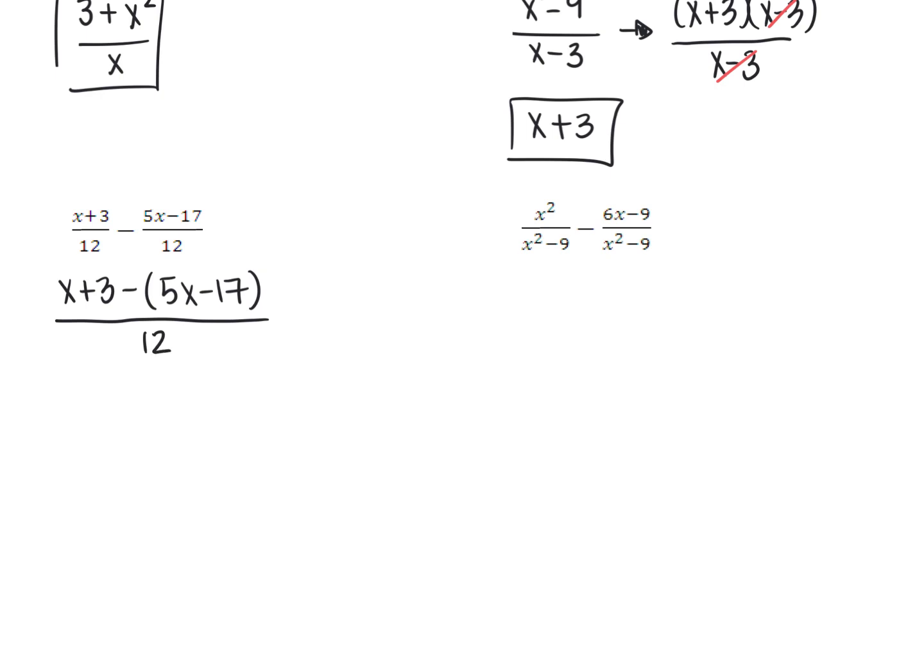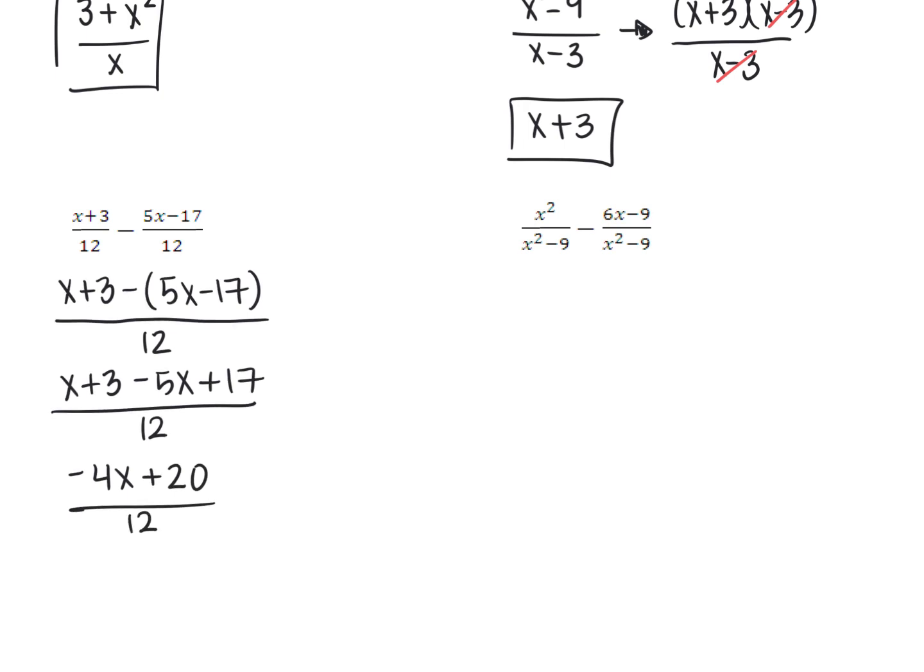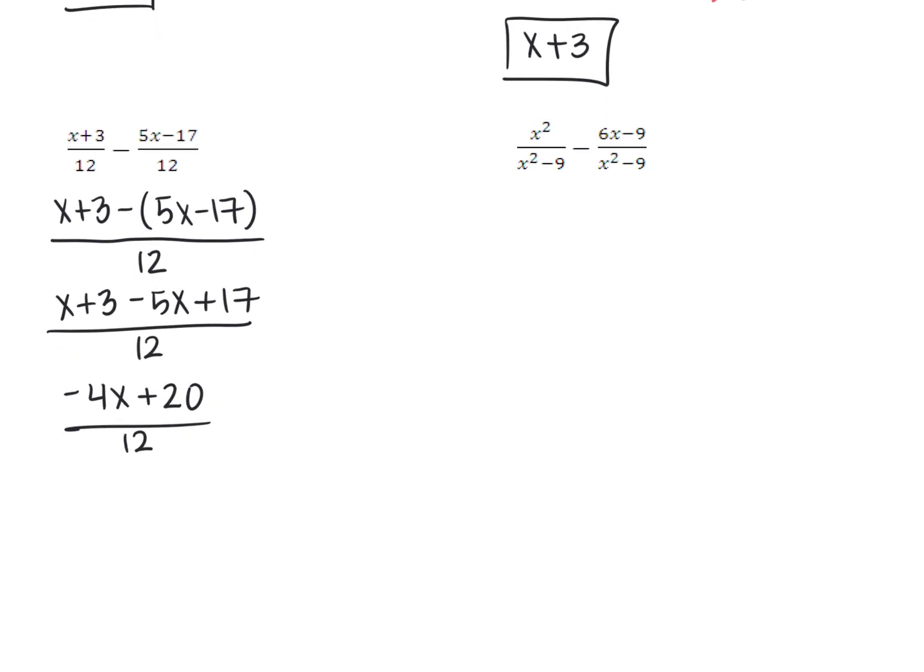So I want to distribute that negative into that entire second fraction. It's going to become x plus 3 minus 5x plus 17 all over 12. So then x minus 5x is negative 4x, 3 plus 17 is 20, and then I still have my denominator of 12.